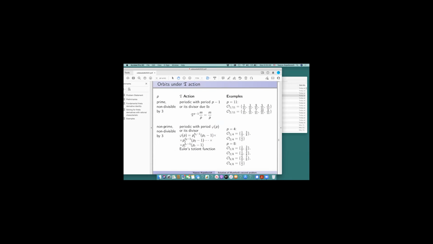In this case, for example, if I look at the case of 11, it will be a system of linear equations involving theta prime of 1 over 11, theta prime of 3 over 11, theta prime of 9 over 11, theta prime of 5 over 11, theta prime of 4 over 11. When I multiply by 3, I go back to this 1 over 11, and I'm done.